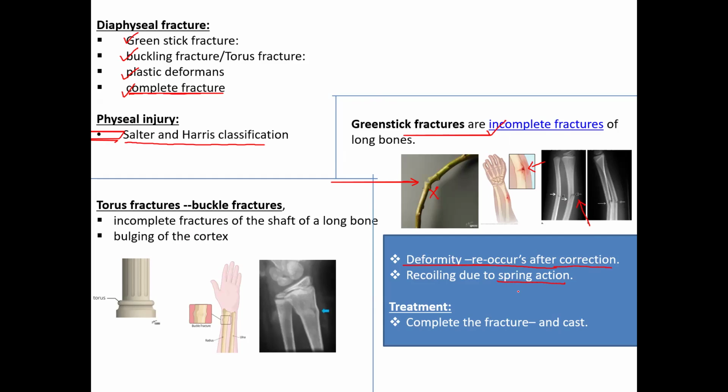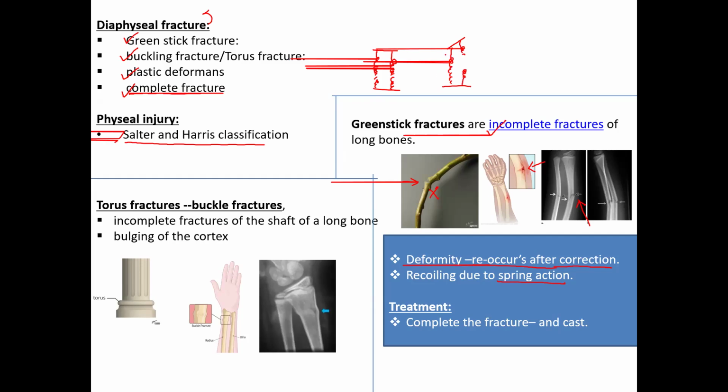How I explain this is like this. If you see, this is one bar, this is another bar, and these are two springs. If only one side spring breaks, the other side will pull it.